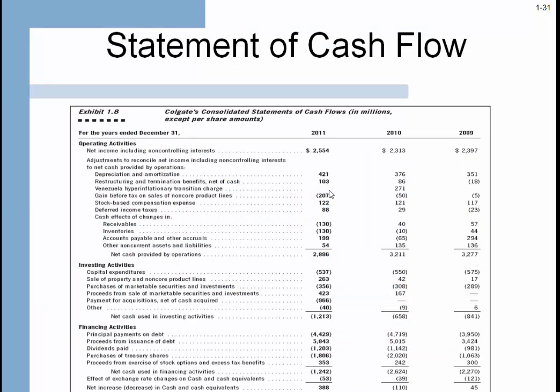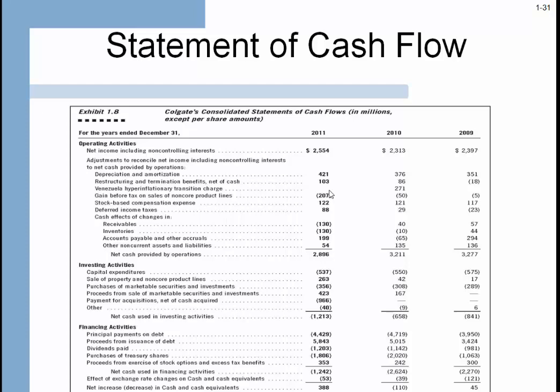The operating activity is driven primarily off of the balance sheet. It's going to be current assets and current liabilities, and then you're picking up the net income. What you're really doing is reconciling your income from an accrual basis to a cash basis.